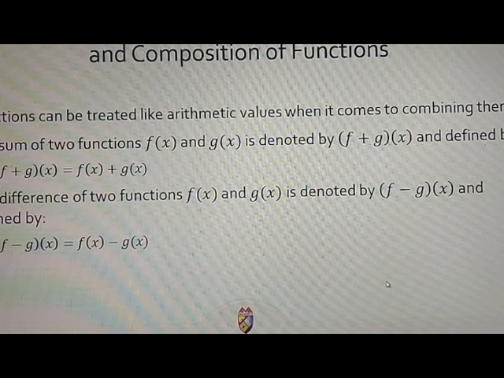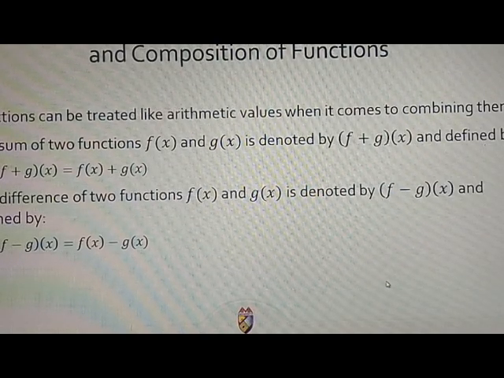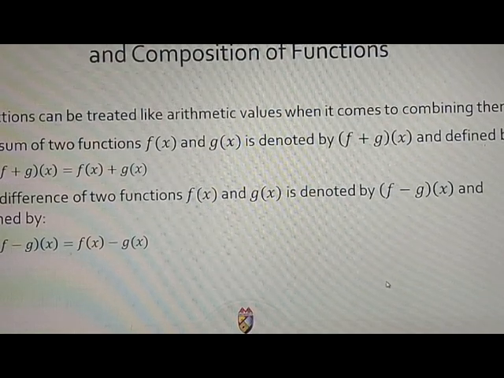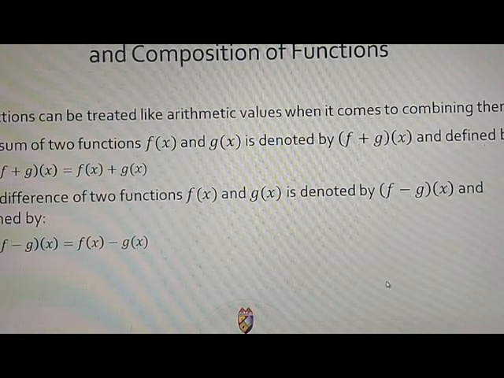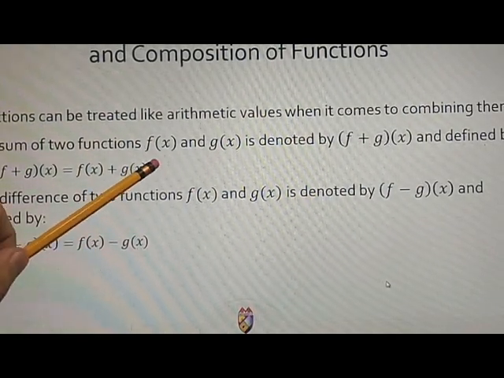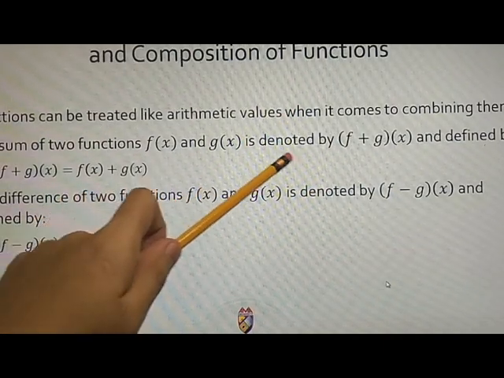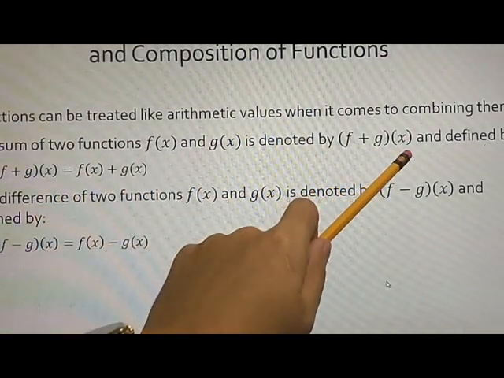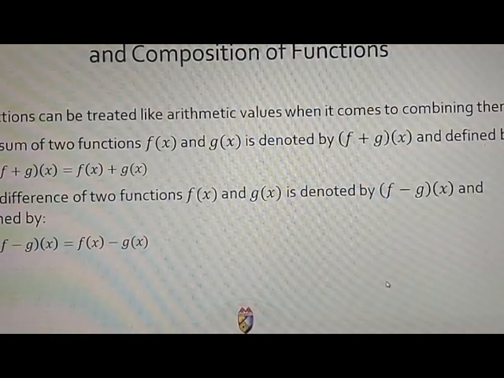So, definition of the sum, difference, product, quotient, and composition of functions. Functions can be treated like arithmetic values when it comes to combining them. The sum of two functions, f of x and g of x, is denoted by f plus g of x. That's how you read it.